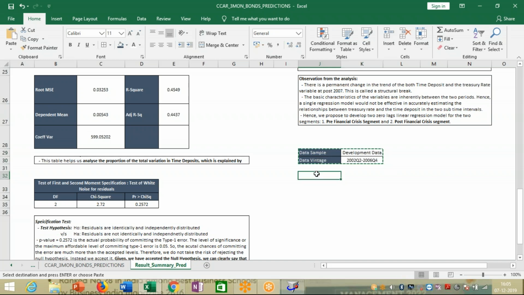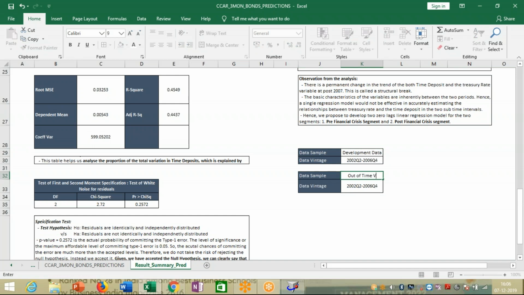Similarly, I'll do a Control C, Control V. So this will be the out of time validation data, to 2007 Q4.